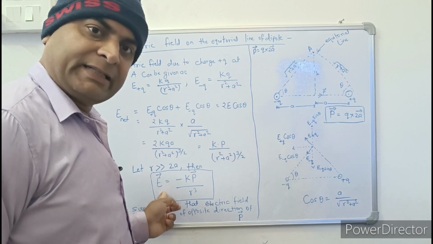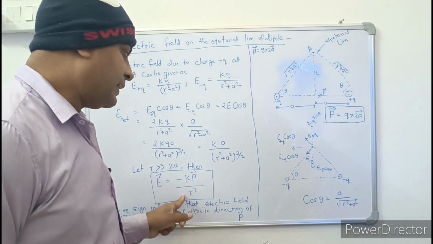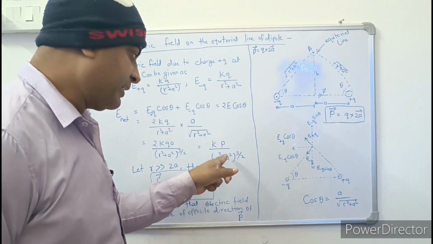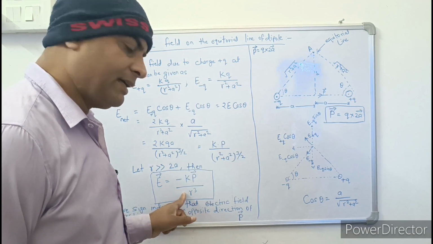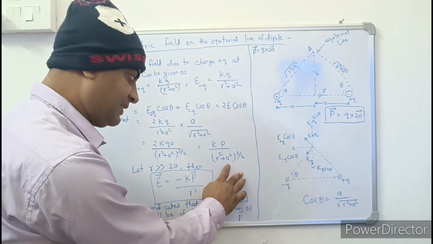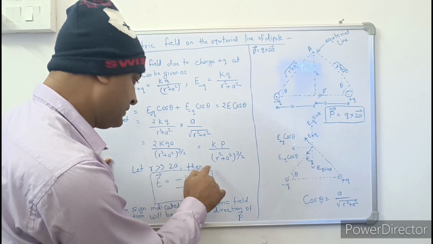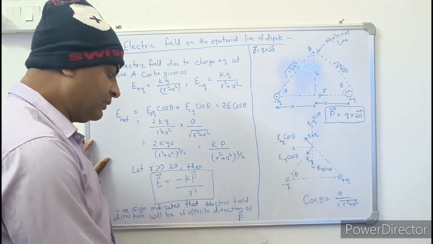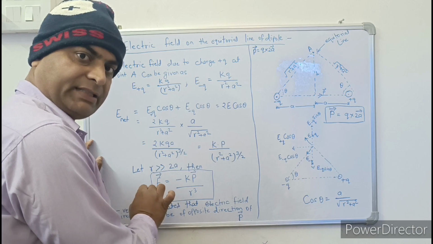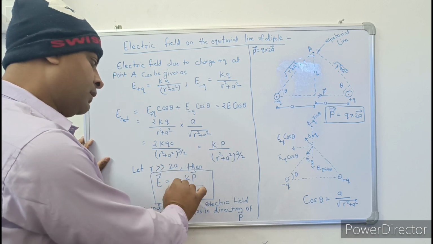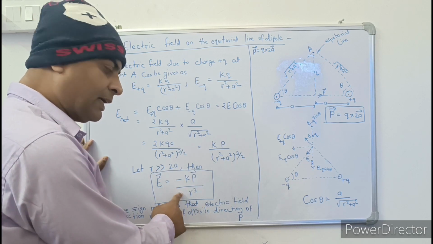The net electric field will be KP upon R cube, where A is ignored and the R terms simplify to R cube. This is the electric field on the equatorial line: the product of K and the electric dipole moment upon R cube.